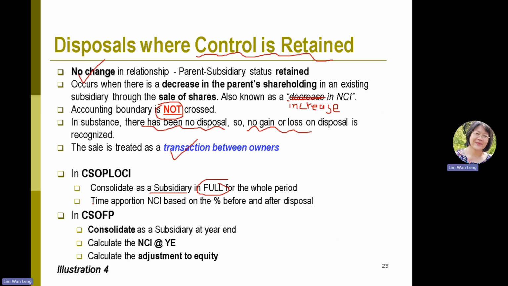The only thing that you need to apportion will be when you attribute the profits to the NCI. How many percent? 10% for the first 6 months, 20% for the last 6 months. In the consol SOFP, you consolidate as if this is a subsidiary throughout, which is true.